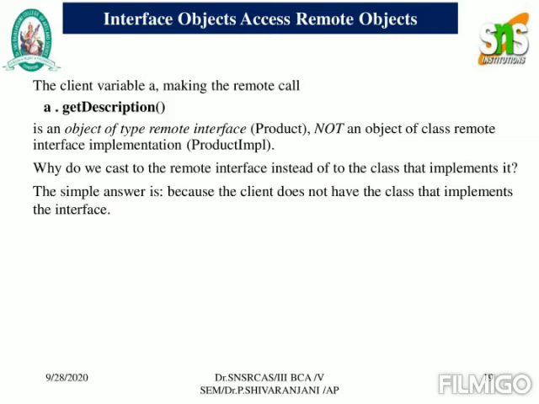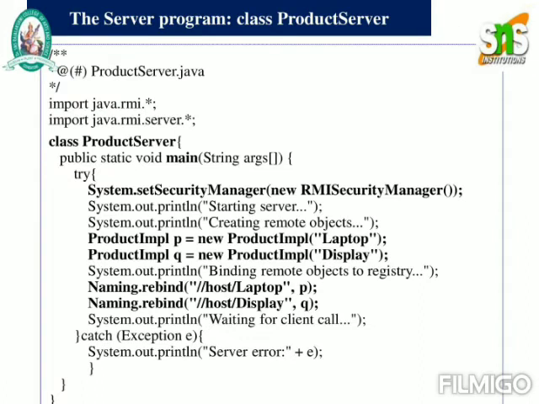So this is your server-side program. This program explains how the server side works. Here I use the package java.rmi.server. I have created a class called ProductServer, and inside my main, if any problem is encountered at the server side, it has to catch the particular error.